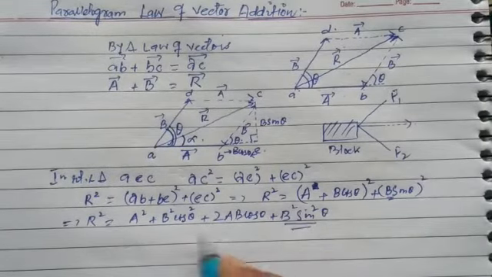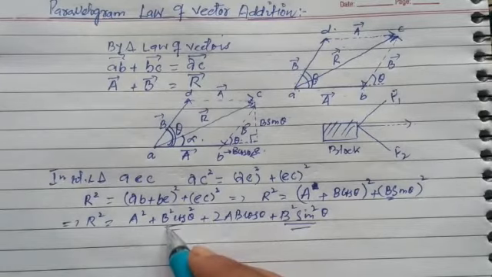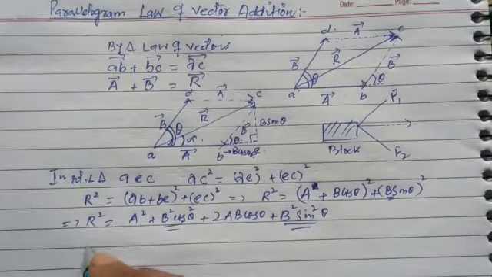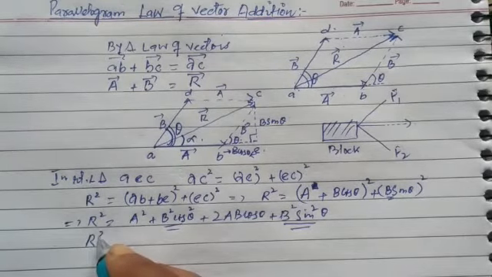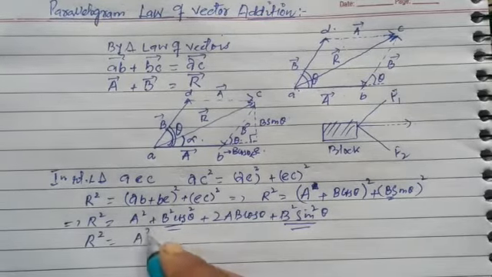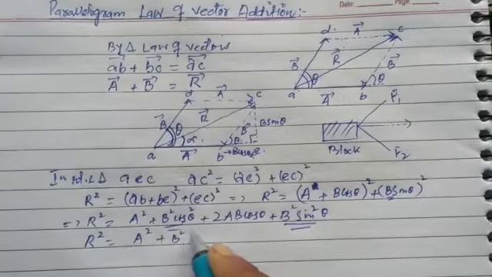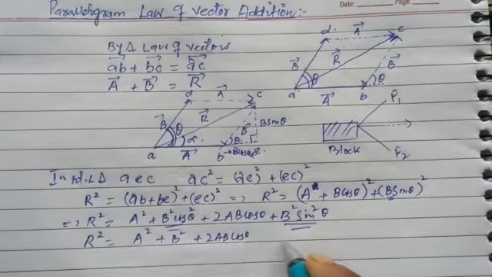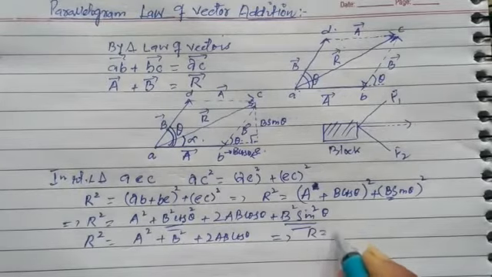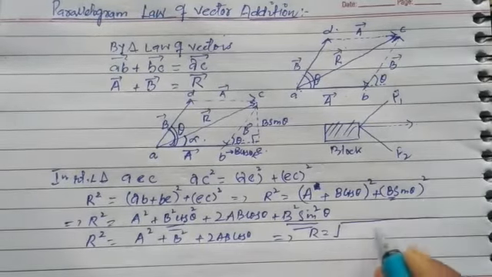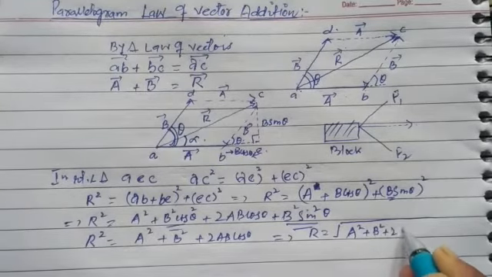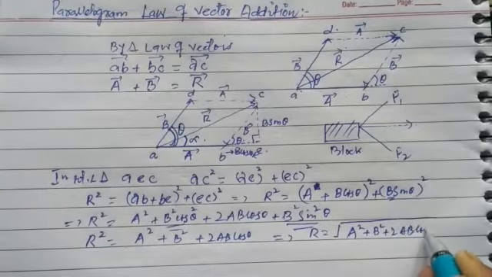Now from this term and this term I will take B square common, then inside there will be sin square plus cos square, that is 1. It is same as in the triangle law. R square is equal to A square plus B square plus 2AB cos of theta, which implies R is equal to under root of A square plus B square plus 2AB cos of theta.